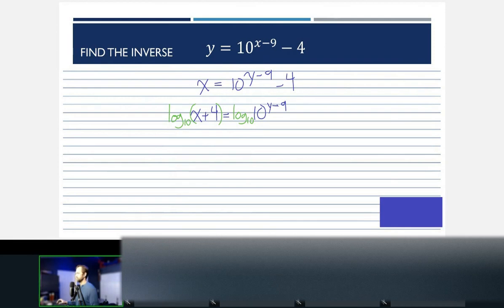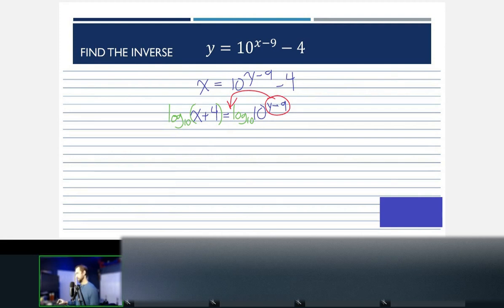It's one of the log properties. So if you're thinking of it, just log base 10 of 10 becomes 1, and then that exponent just carries down, you wouldn't be wrong. But yeah, we're going to have to carry it in front.